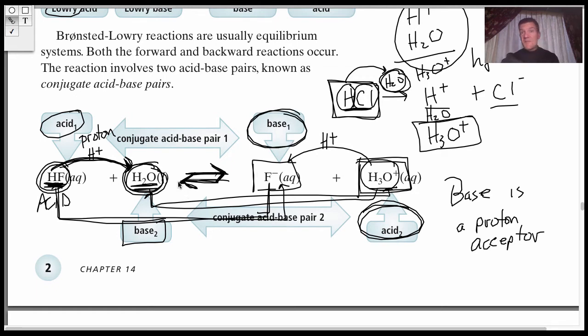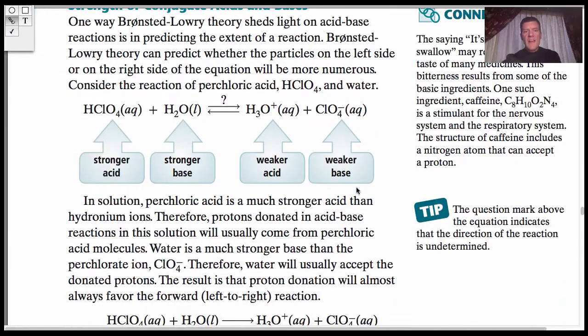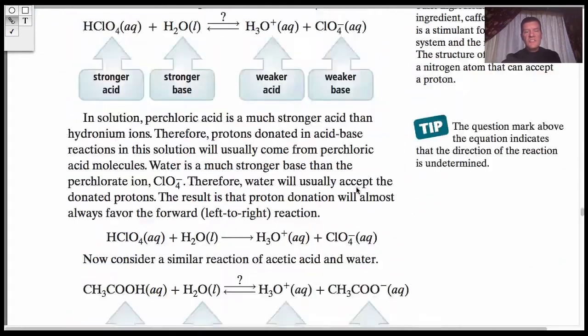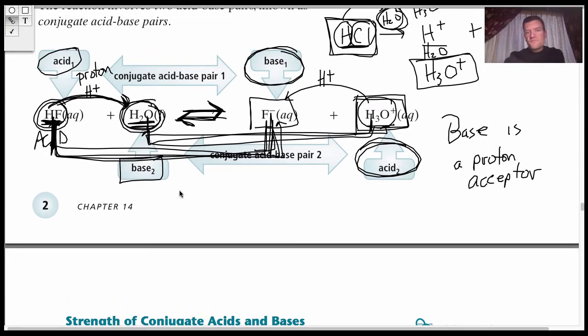So you'll notice in both directions there is an acid and a base. An acid and a base. And we actually pair them up. Did you notice how I paired them? The HF is paired with the F negative. The H2O is paired with the H3O plus. Okay? And we're going to actually call those conjugate acids and bases, or a conjugate pair.